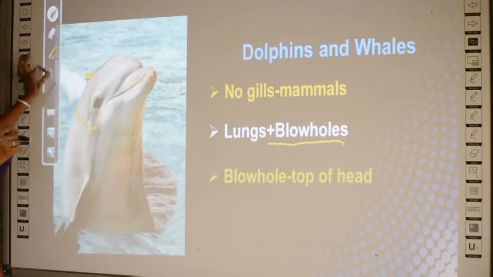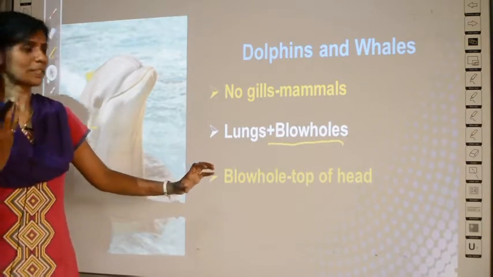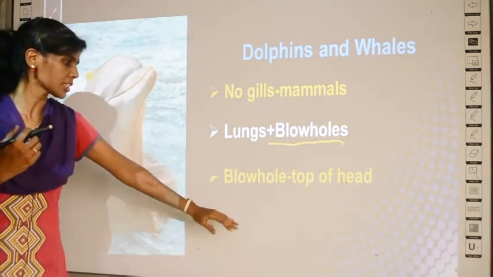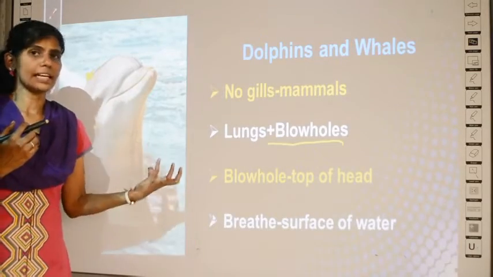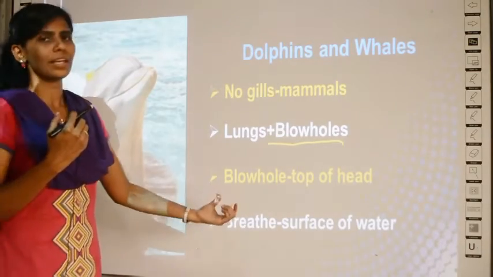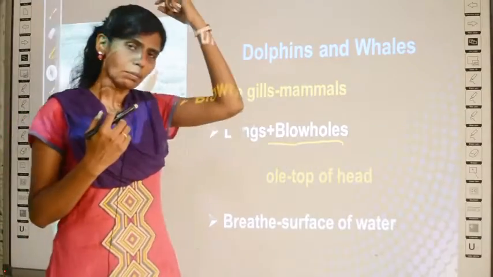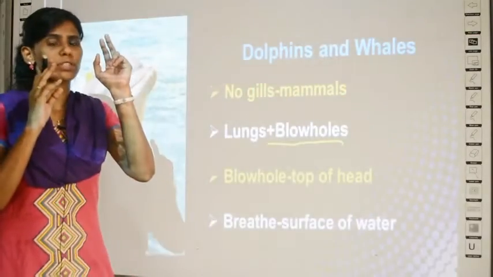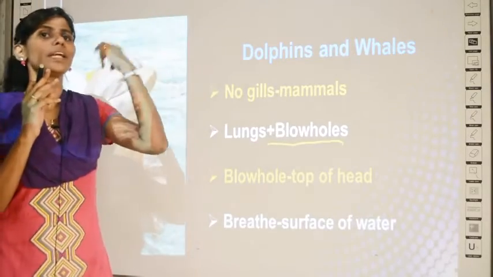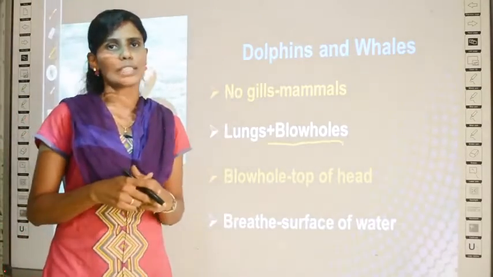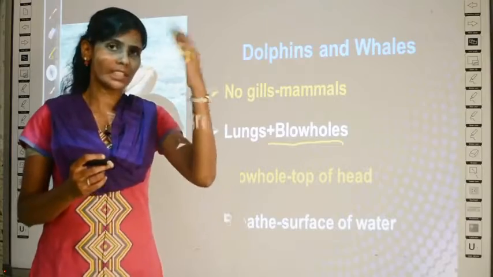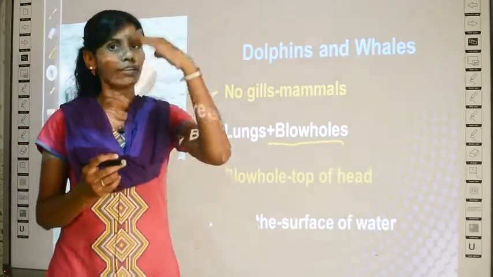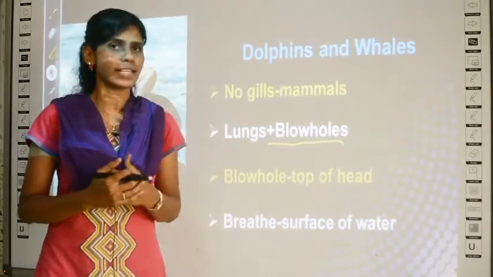What is special about the blowholes? They help them to breathe on the surface of the water. Since the blowholes are present on the top of the head, when they go to the surface of the water, they can breathe through the blowholes. That's why dolphins and whales frequently come to the surface of the water for gas exchange.